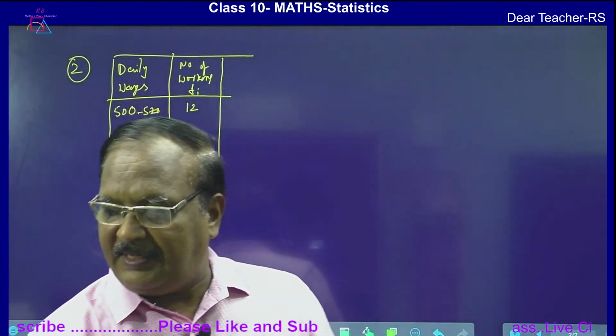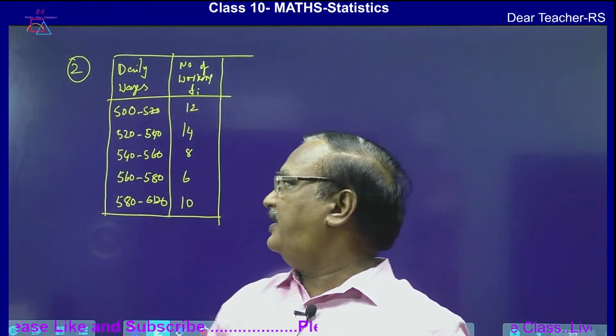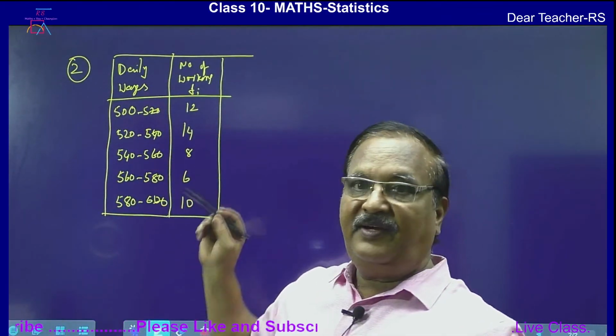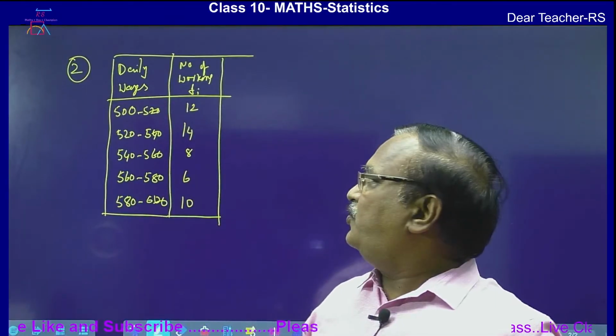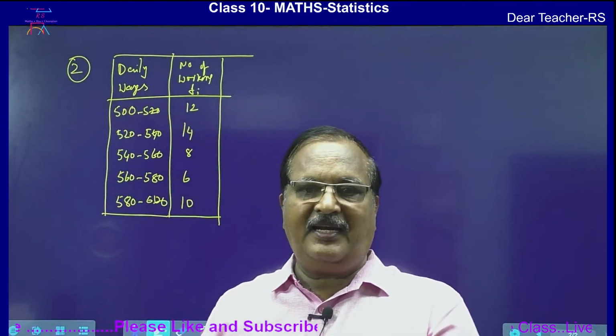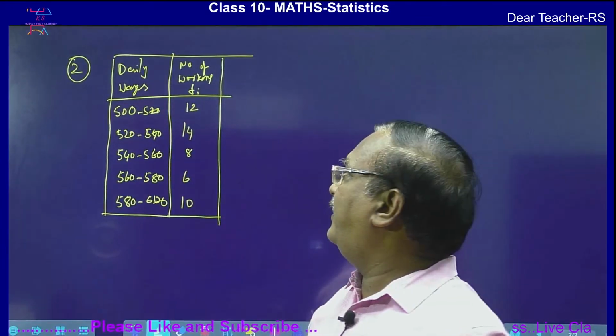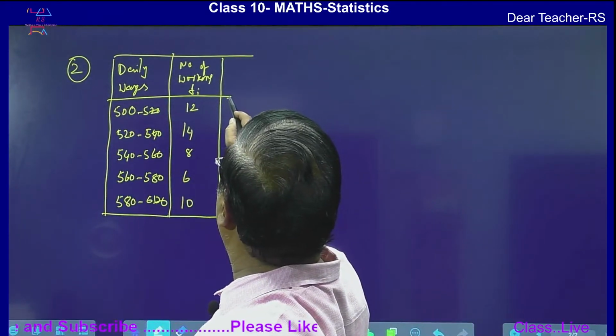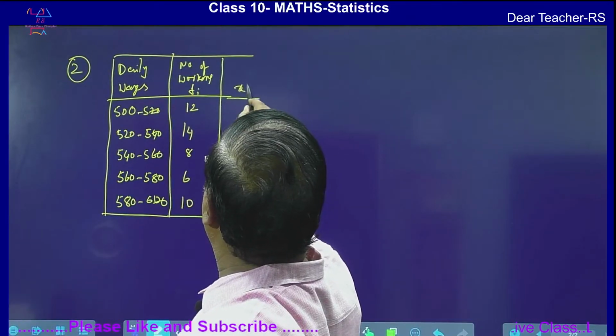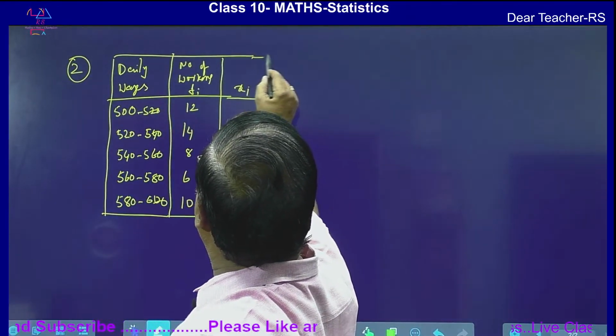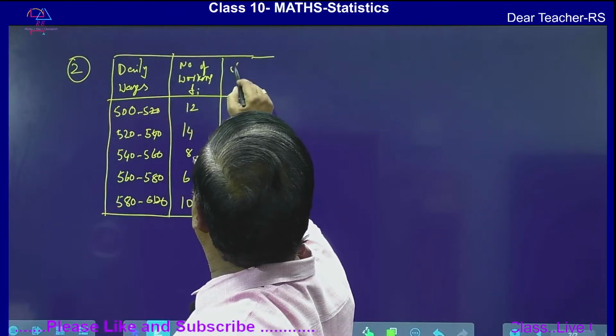Now in this, bigger numbers are there, 500, 520. So for both methods, direct method and deviation method, you have to find out xi, the mid value. So this is class mark or mid value.